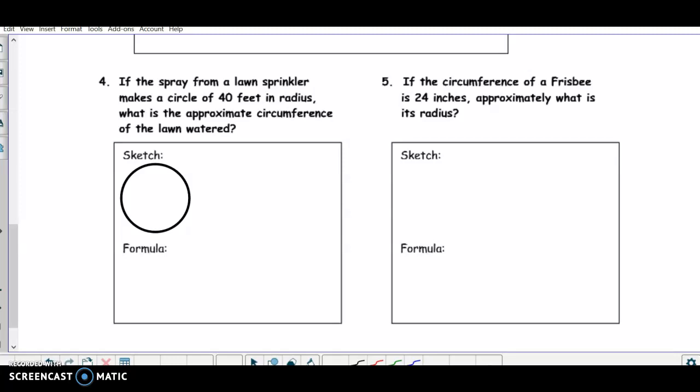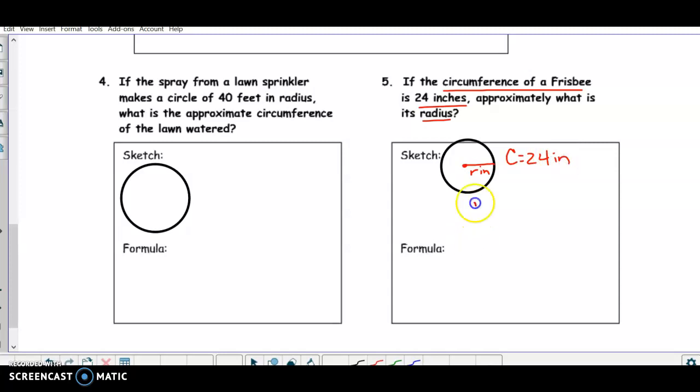Now, number 5 is a little different. It says if the circumference is 24 inches, what is the radius? So if we go ahead and draw a picture, and we are looking for the radius now, radius in inches. It tells us the circumference is 24 inches.